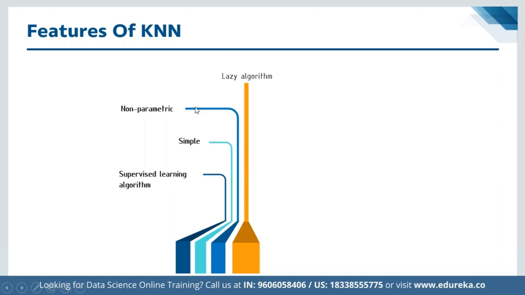The other feature of KNN is that it is a lazy algorithm. So what do we mean by lazy algorithm? In most supervised learning algorithms, you train your model on the training data set, and then you apply this model to the test data set to classify or predict, for example, whether a new image is that of a cat or a dog.